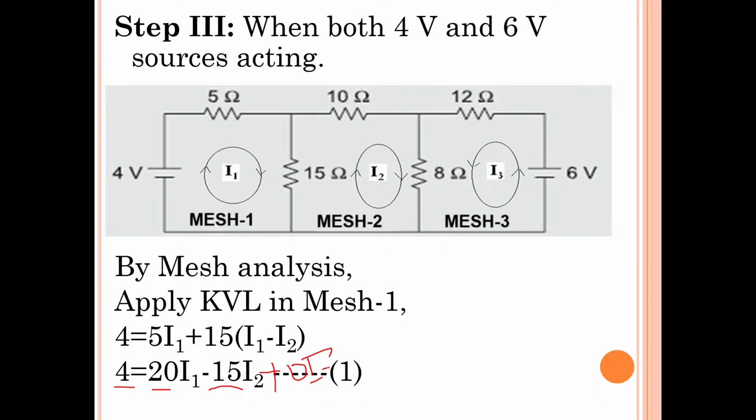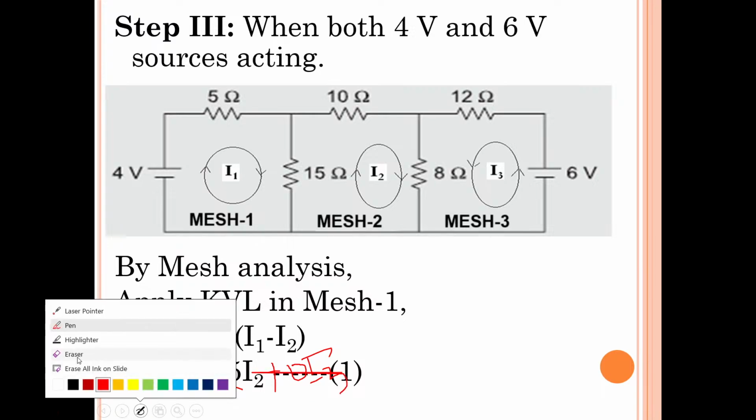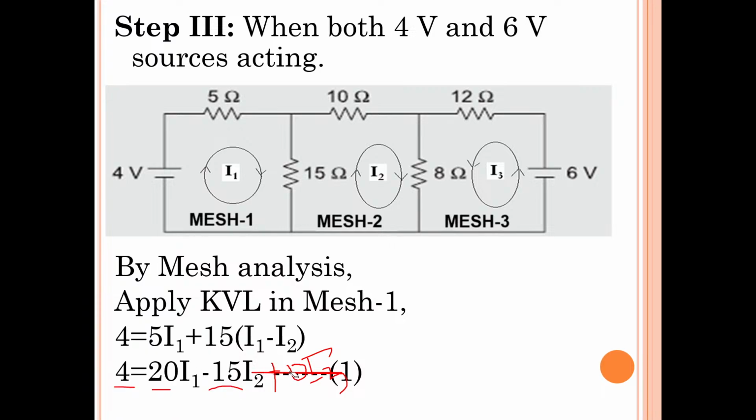So there you select the three-variable, three-equation option, and type 20, press equal to, then minus 15, then 0, since the coefficient of I3 is 0. In equation 1, I3 is not there.